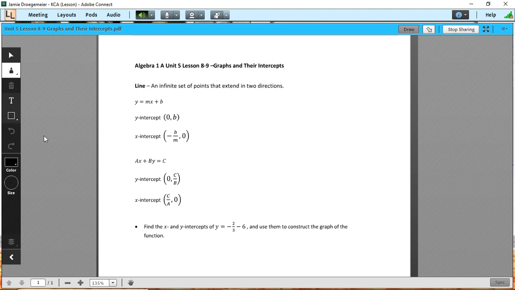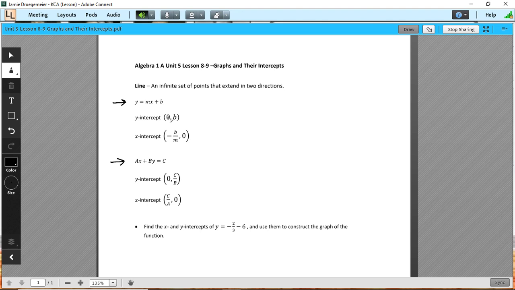And so we've looked at a few different formats of equations of lines. We have slope-intercept, which is our y equals mx plus b. We also have standard form, ax plus by equals c. And then we talked about y-intercepts and x-intercepts. One thing that we mentioned is that the y-intercept is the value of the function when x equals 0.